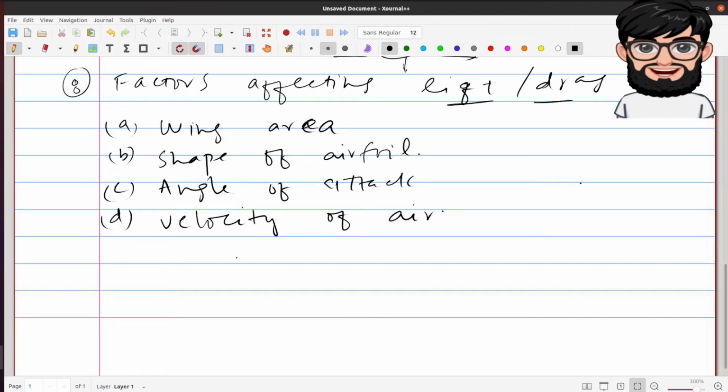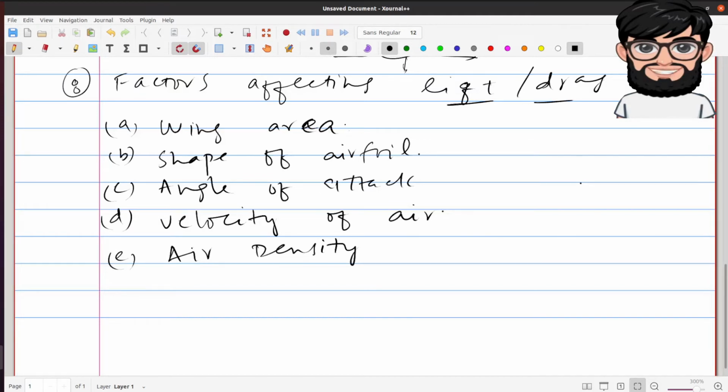Then we have air density. Yeah, these are the things which are going to affect both the lift and the drag, and they are mostly self-explanatory.